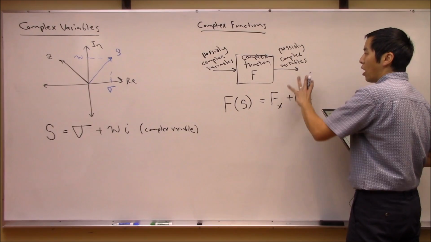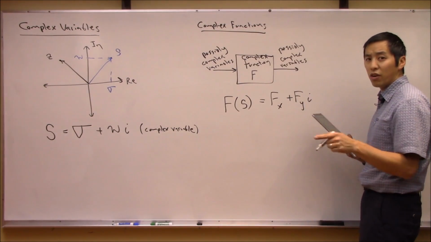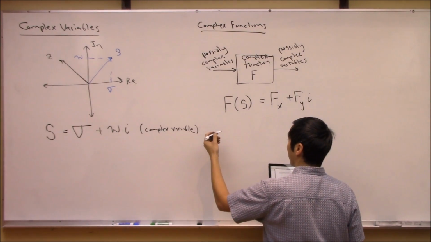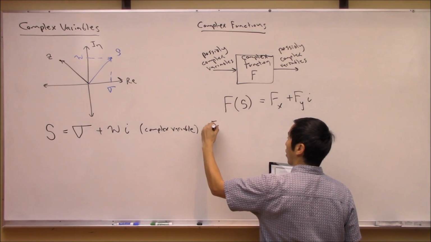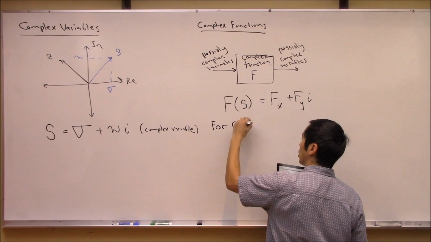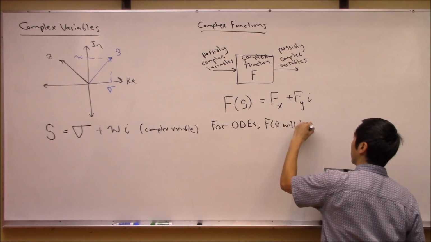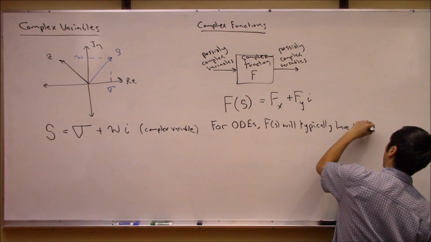Okay, so the most common type of complex function that we are going to be considering in this class, or actually in this discussion of ordinary differential equations, is something that looks like this. Maybe let's write this down. So for ordinary differential equations, f of s will typically have the form, let's write this out.